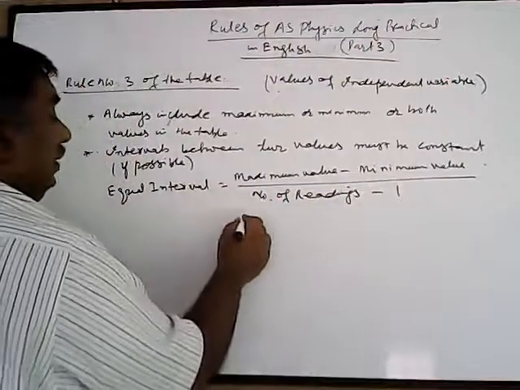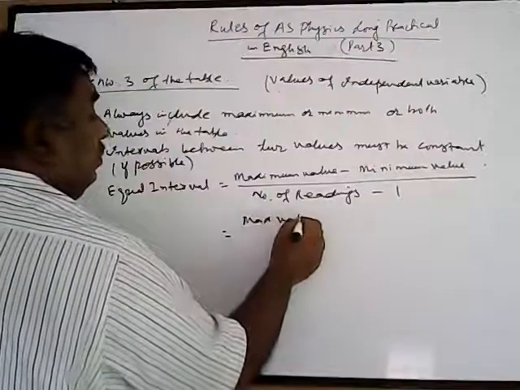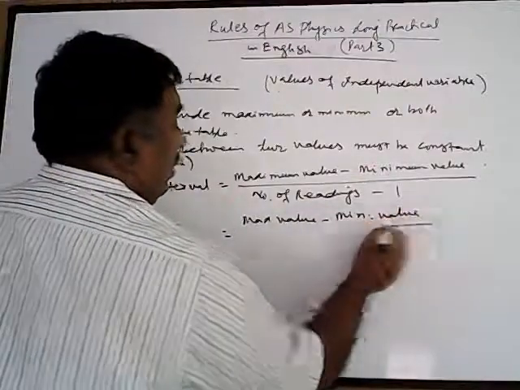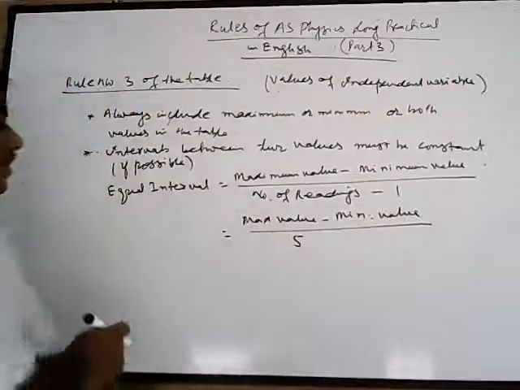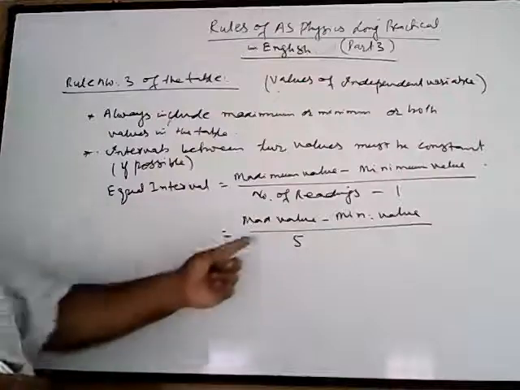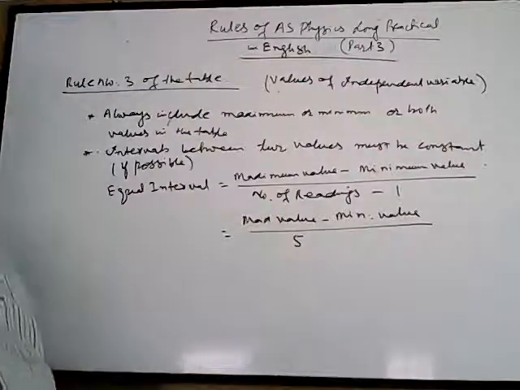I can simplify this as maximum value minus minimum value divided by 5, because in the AS long practical we usually take 6 sets of readings, so it is divided by 5.